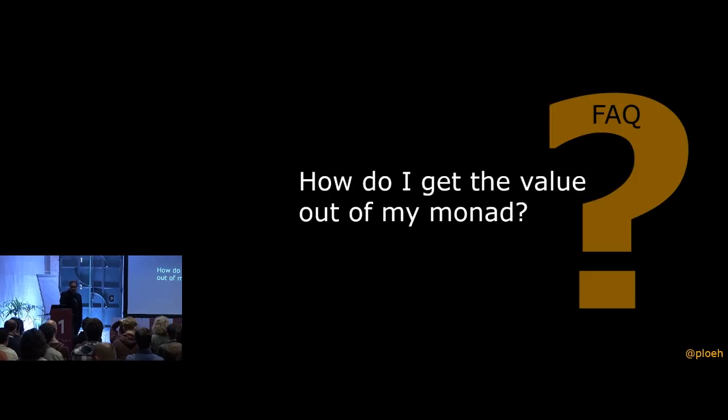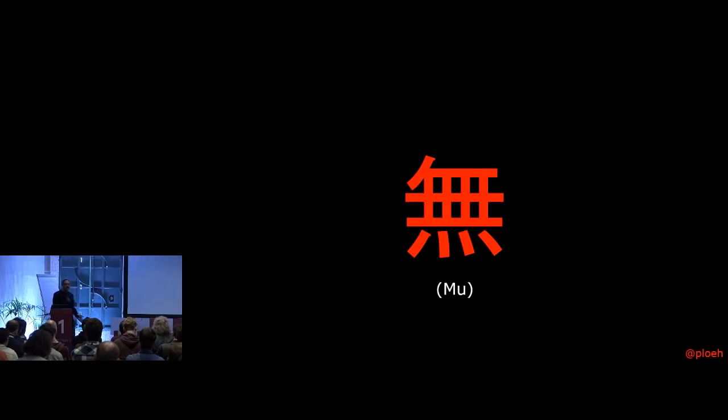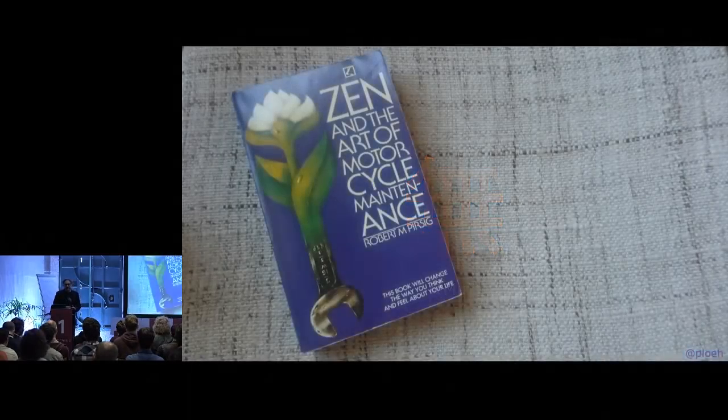Now the short answer to this question is mu. Okay, so assuming everyone understands Japanese, right? No. But there's this interpretation of this character and the word mu in Zen Buddhist philosophy. And if you want a Western perspective on that, you can always consider reading Zen and the Art of Motorcycle Maintenance, because it's a good book.